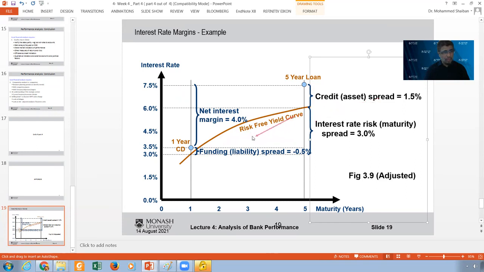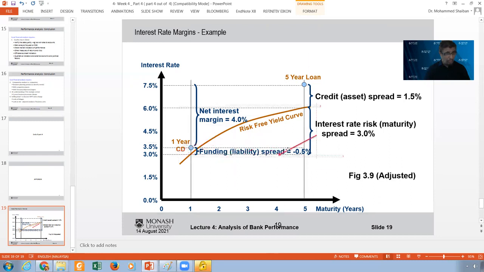Look at the short term now. In the short term, for example, if I borrow through CDs, the investors who buy these CDs from me will ask for 3.5, but if the risk-free is 3.0, why are they asking for this 0.5?